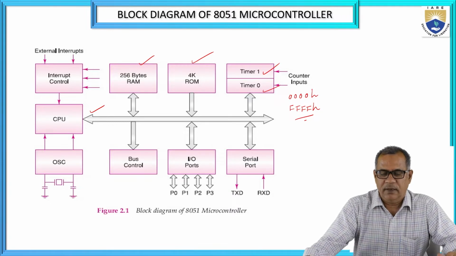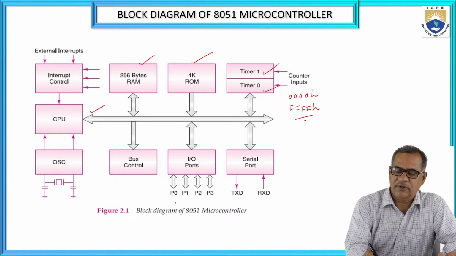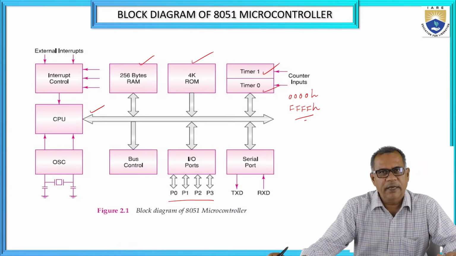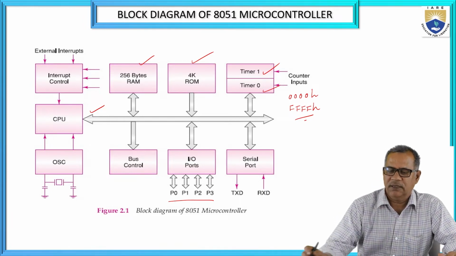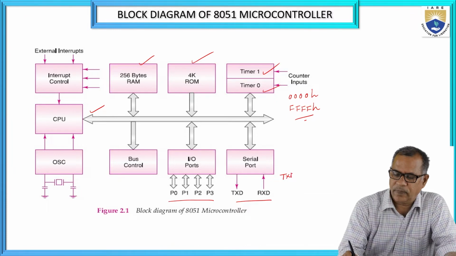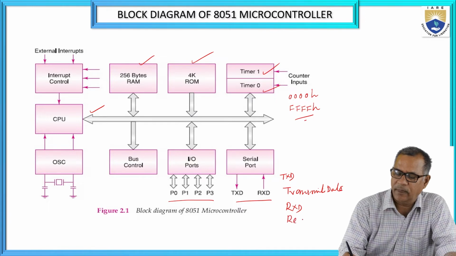These are the 4 I/O ports which I have discussed just now: P0, P1, P2, P3. These are 8-bit I/O ports, so a total of 32 pins are allocated for these 4 ports. Then there is the serial port, which can be used for serial communication. TXD is transmit data and RXD is receive data.